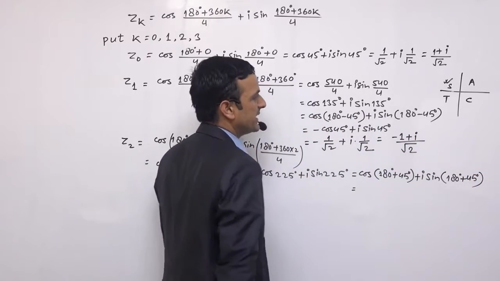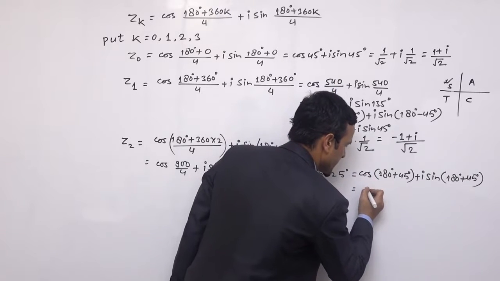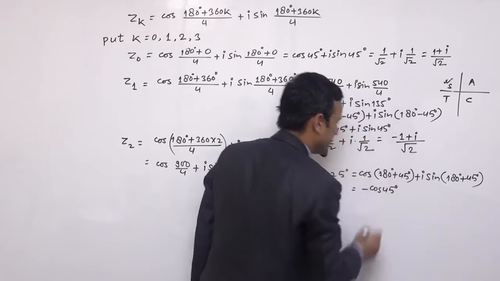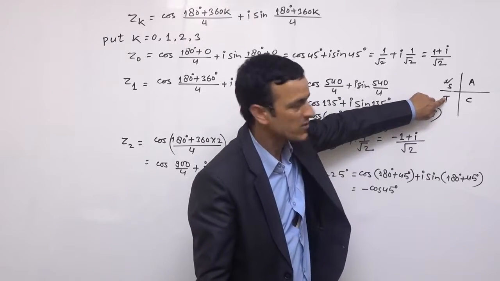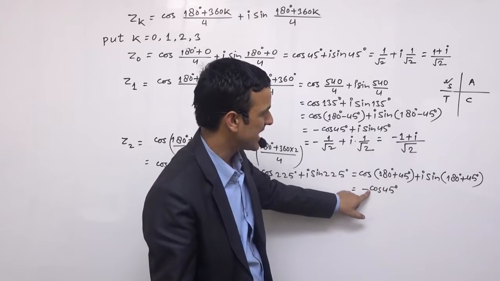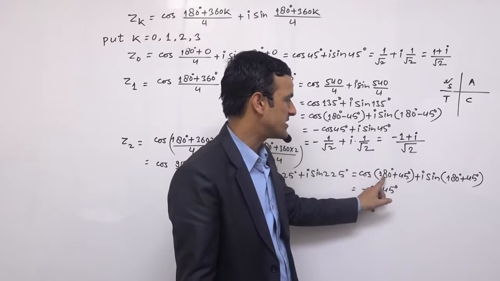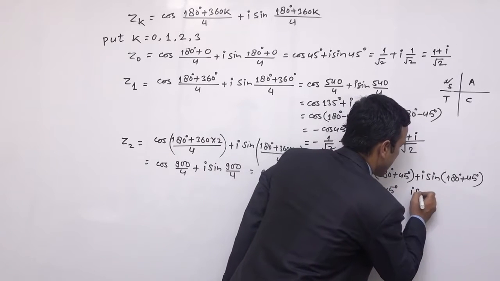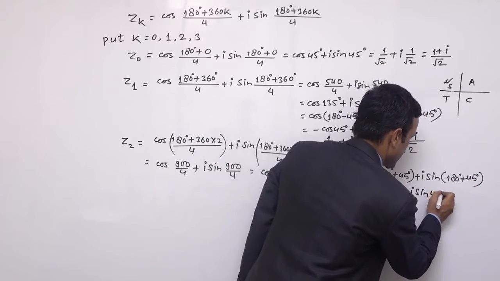So cos 180 plus 45 is negative, minus cos 45 degree. 180 plus theta means the third quadrant, where the sign of cos is negative. So minus cos 45; cos 180 plus theta means cos theta. Similarly, i sine 180 plus theta gives sin theta.